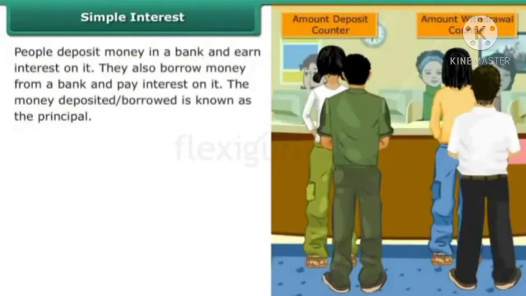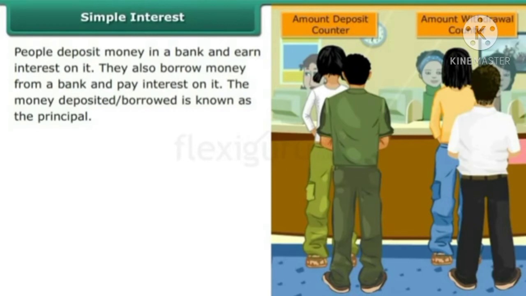Simple interest. People deposit money in a bank and earn interest on it. They also borrow money from a bank and pay interest on it. The money deposited or borrowed is known as the principal.